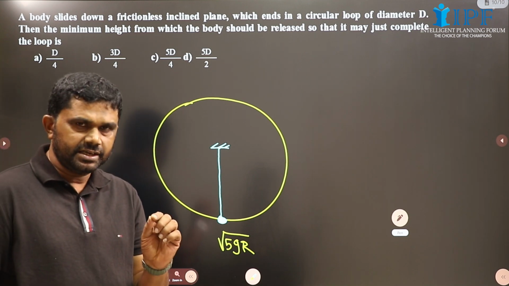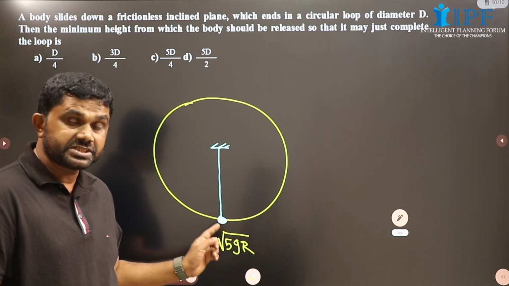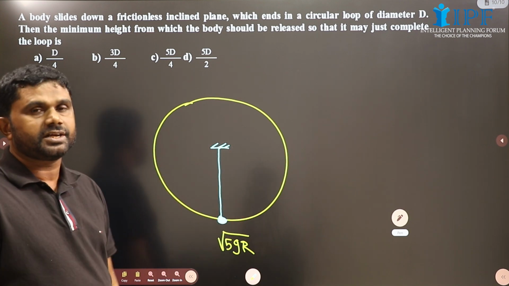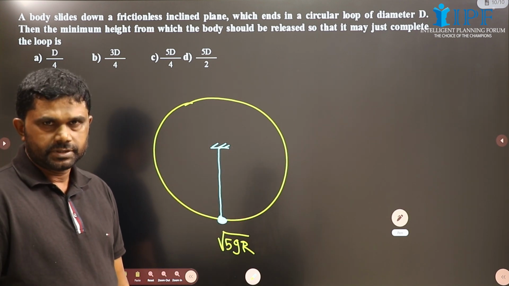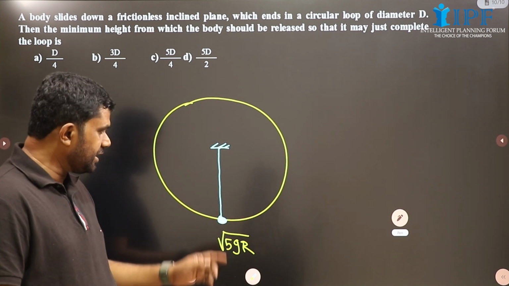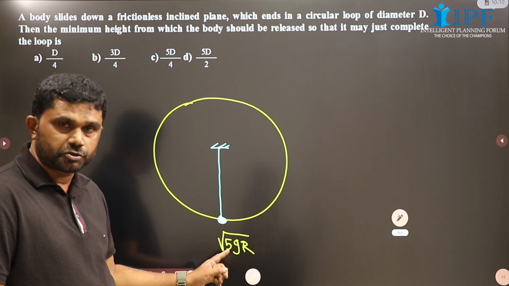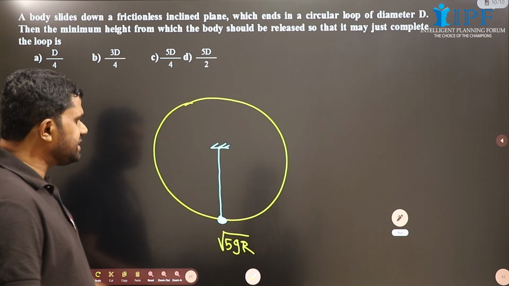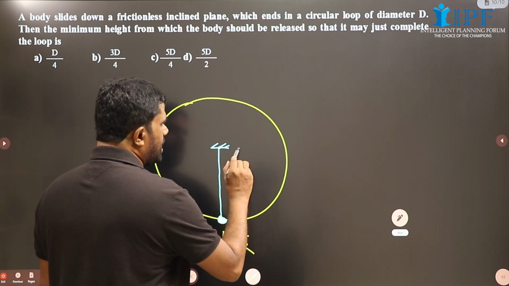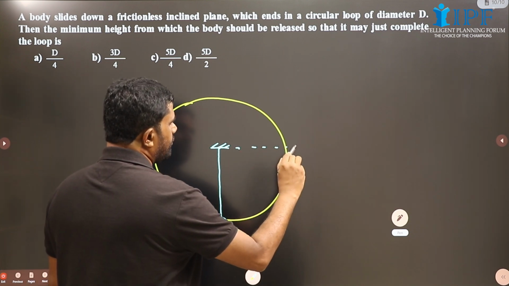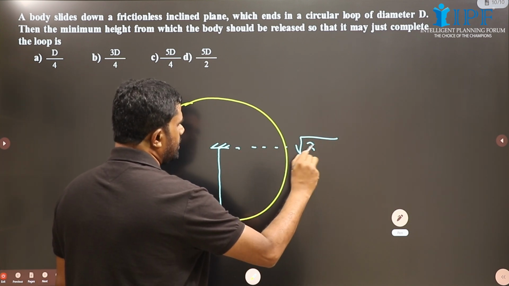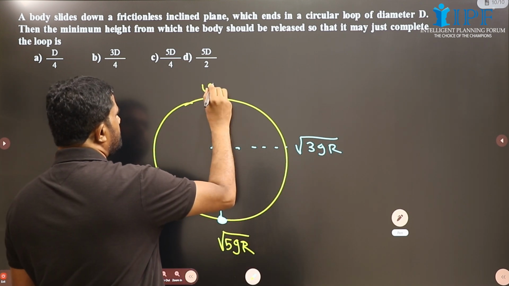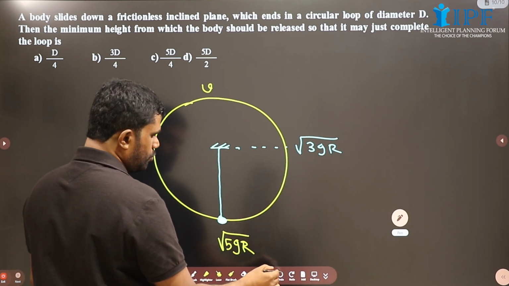If the velocity given to the body at the lowest point is less than this, it cannot complete the vertical circle. It will return along the same path. But if the velocity given to the body at the lowest point is greater than or equal to this, it will complete the vertical circle. If the velocity given at the lowest point is root 5gr, then the velocity when it reaches this position will be root 3gr, and the velocity at the highest point will be root gr.